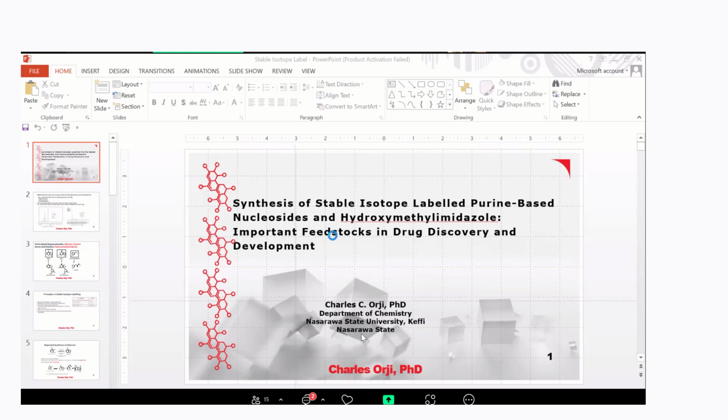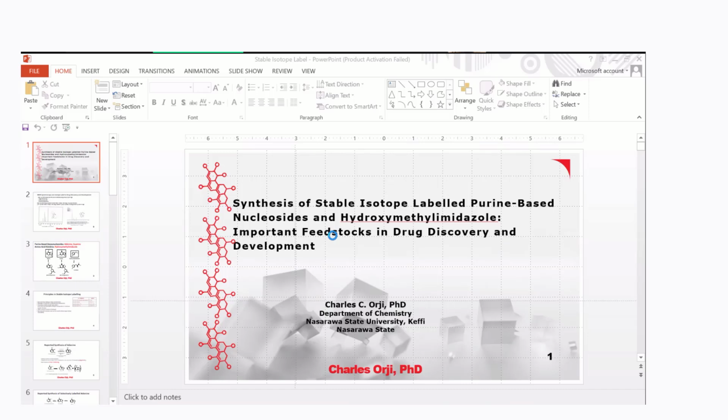Okay, so we're interested in these purine-based nucleosides deriving from adenine and guanine, that is adenosine and guanosine. And we're also interested in hydroxymethyl because that gives us a route to the very important amino acid, L-histidine, which is found predominantly in reaction centers of proteins.